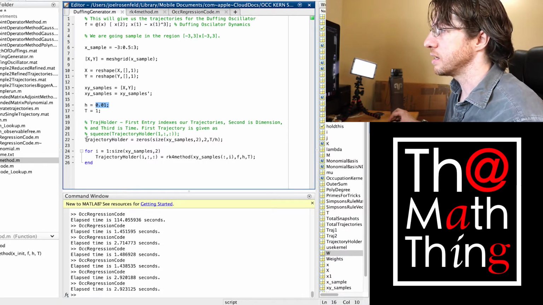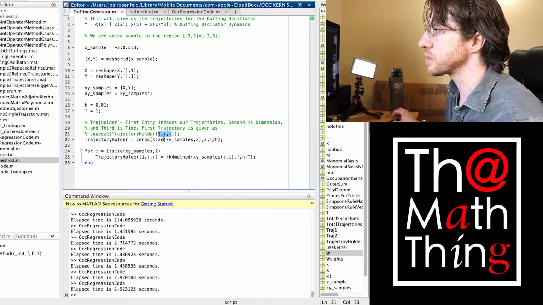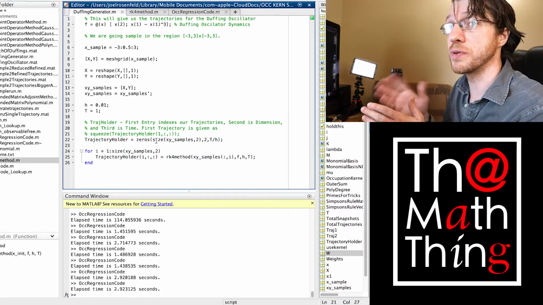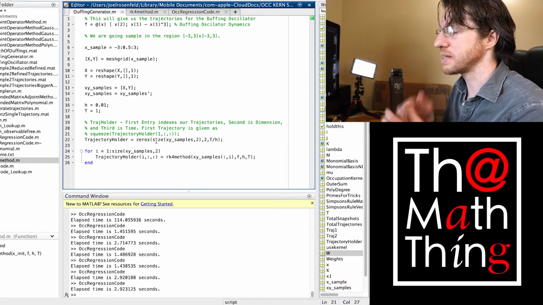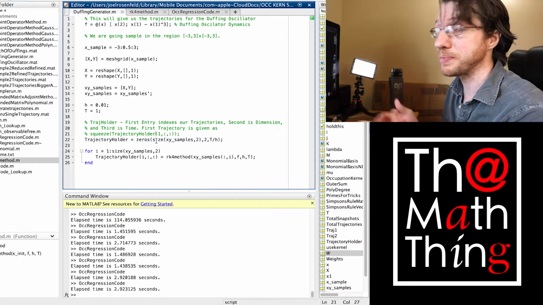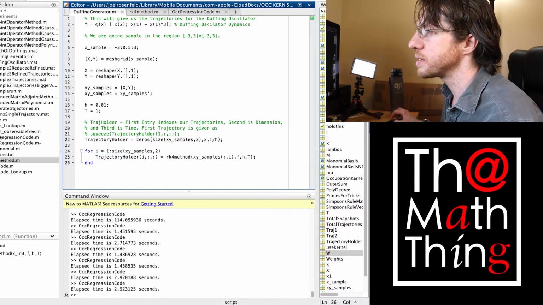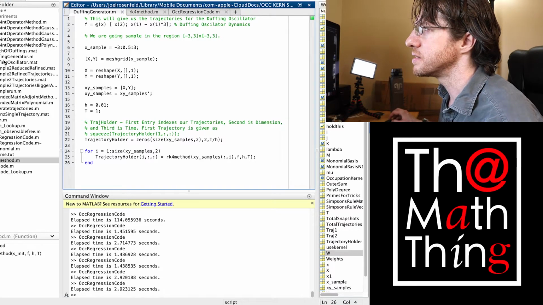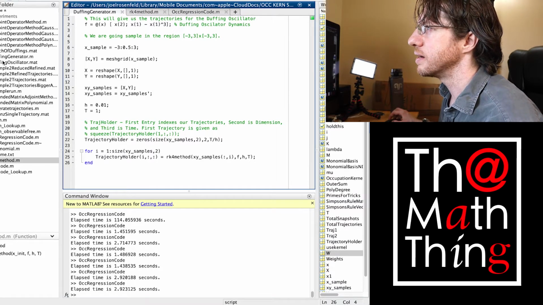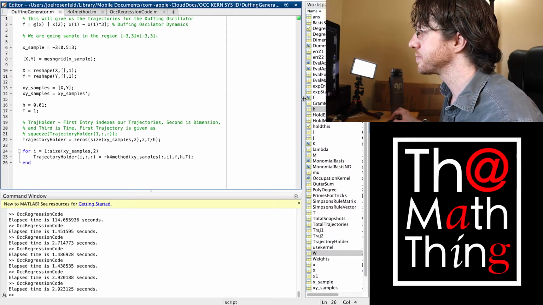Then I assembled everything into this trajectory holder, which is a three-dimensional matrix. The first dimension indexes each of our trajectories, the second indexes the dimension, and the third indexes our time steps. I put all this into a document that I'm calling the Duffing oscillator bunch of Duffings, and we're going to end up calling that.